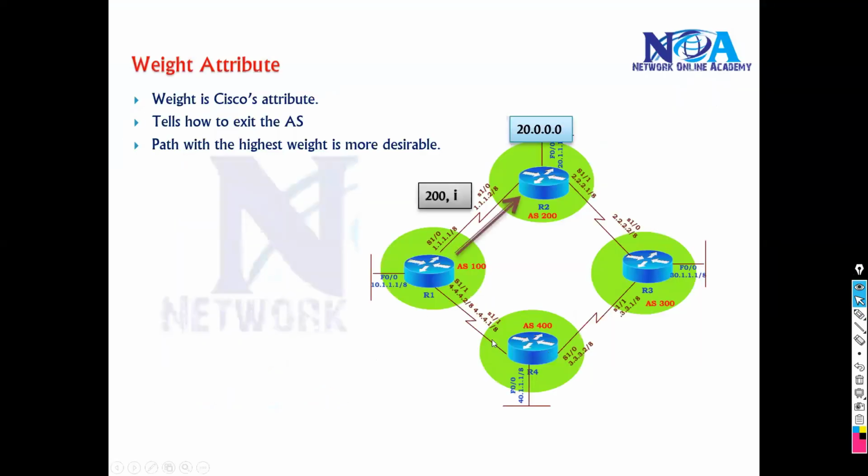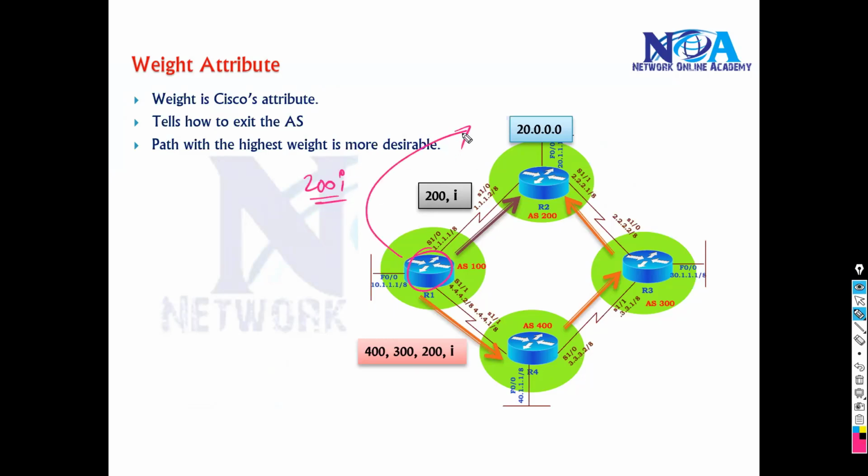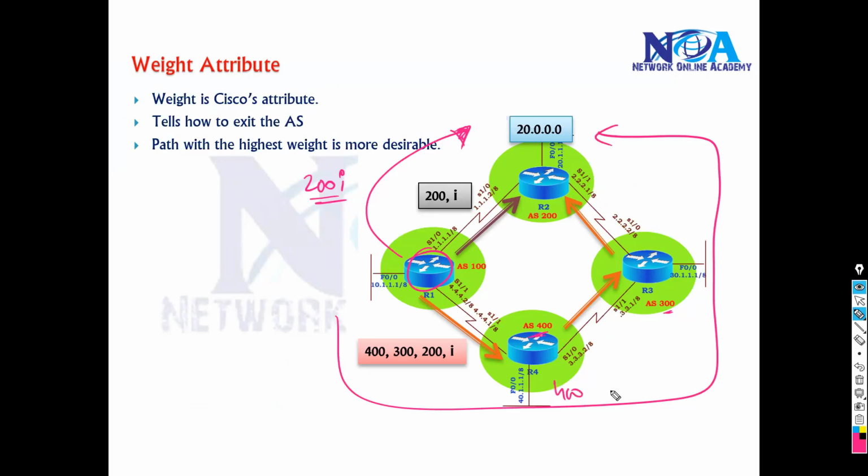If you take the same example here, let's say you have a 20-dot network, and from router 1 to reach the 20-dot network, this is one route and there is another route. Normally, from router 1 to reach this network, you can go directly, 200 I, that's the AS path information, or you can go from this side, where you need to go to 400 first, then 300, and then 200.